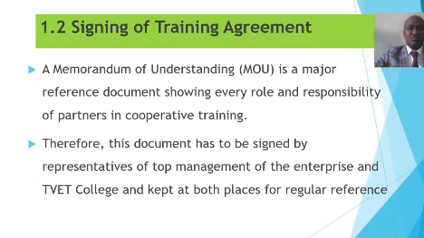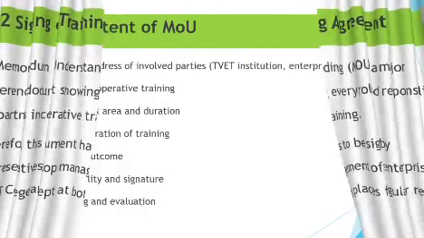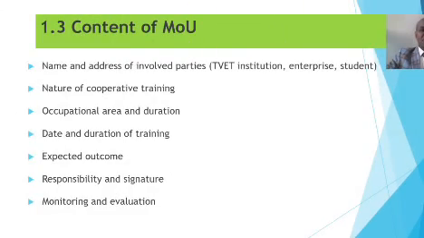The third step, when you talk about steps in cooperative training, is the content of the MOU, the Memorandum of Understanding. The content should have the name and address of involved parties, that means the TVET institution, enterprise, students, teachers.